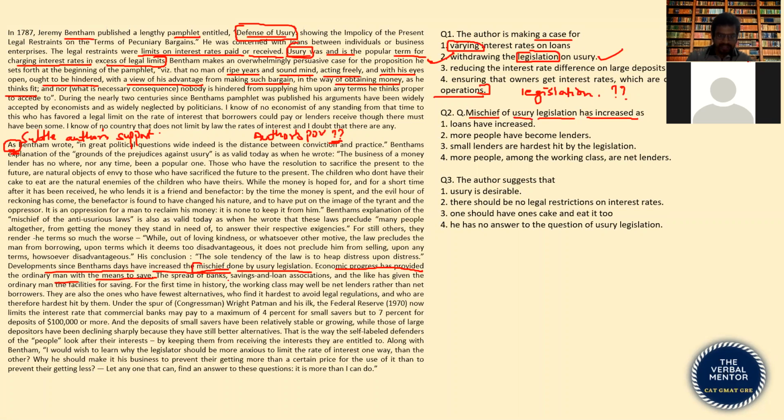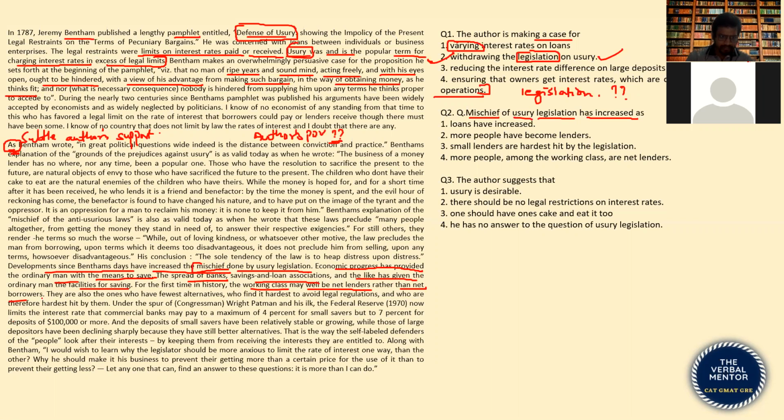The spread of banks, savings and loan associations, and the like has given the ordinary man the facilities for saving. Okay, same thing. For the first time in history, the working class may well be the net lenders. So they have money to lend. They have savings rather than net borrowers.